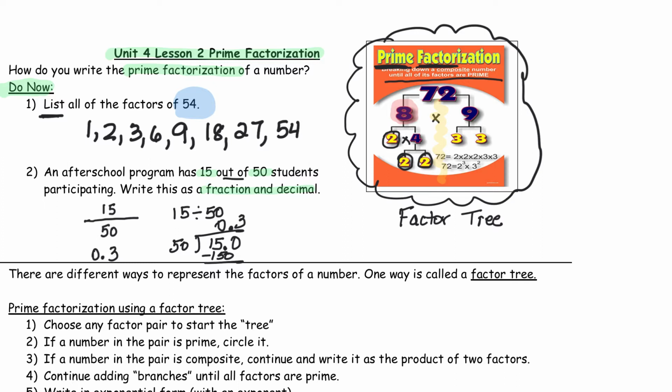And with the 9, we're going to break that down into 3 times 3. And 3 times 3 is 9. Those are prime numbers. So now all I'm left with is prime numbers. So if I look and notice how they have it listed here, they did such a beautiful job here.